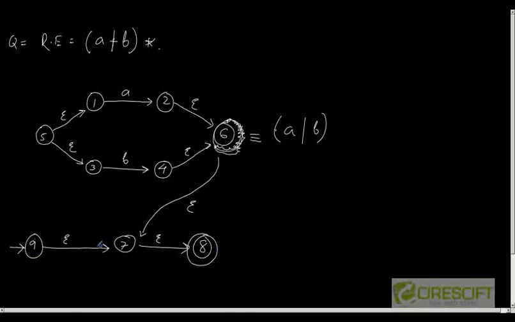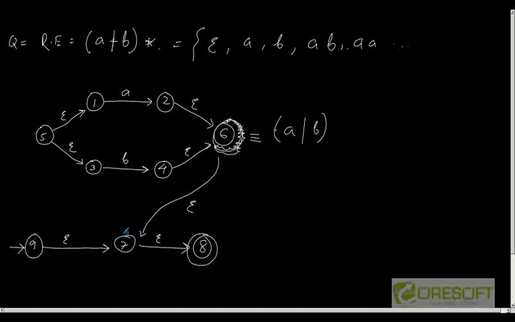So 9 to 7 to 8 represents the automata which accepts the empty string. (a + b)* is what? It can be empty, it can be a, it can be b, it can be ab, it can be aa, like this. So to represent the empty string, I created the starting state 9, went through an empty transition to 7, and from 7 again to the final state 8.